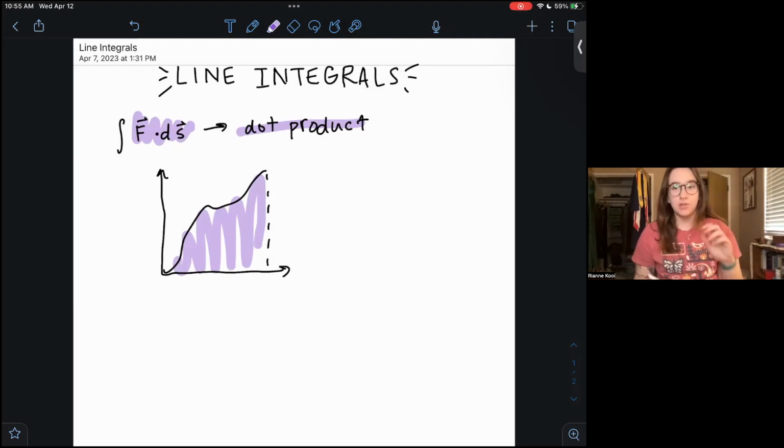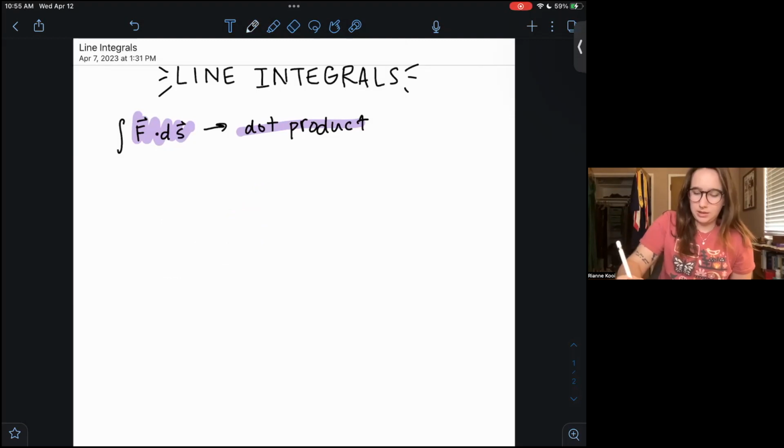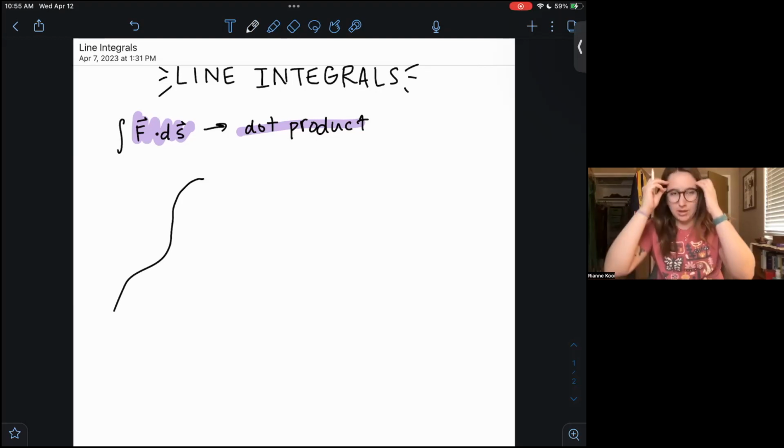But with line integrals, we want to go a step further, and imagine this like a line, hence line integrals. We want to see how much of this vector function is on this line, essentially.